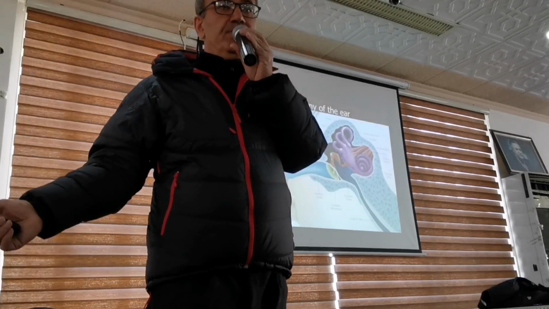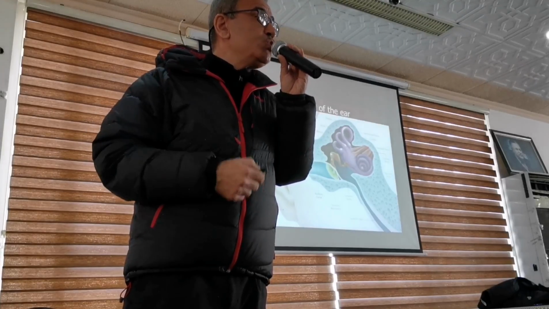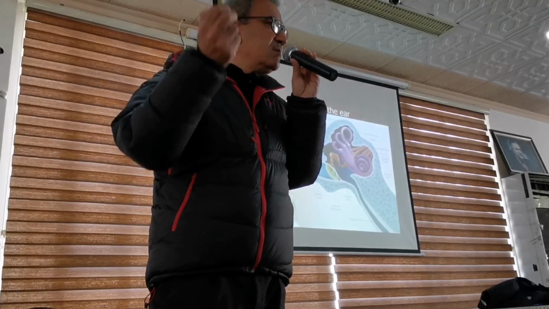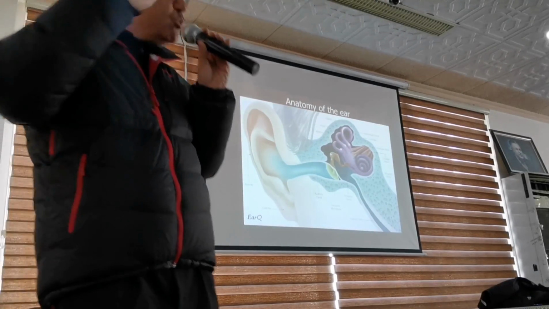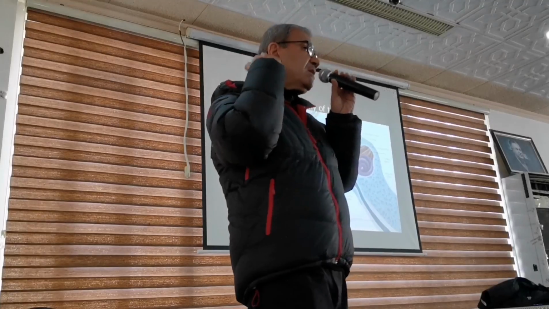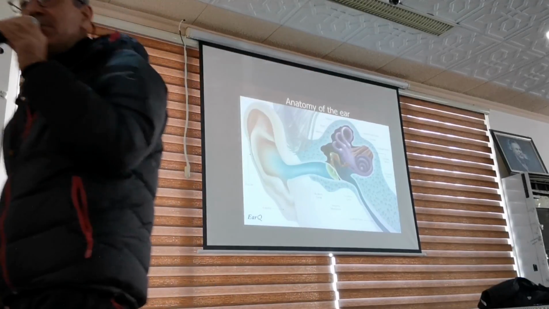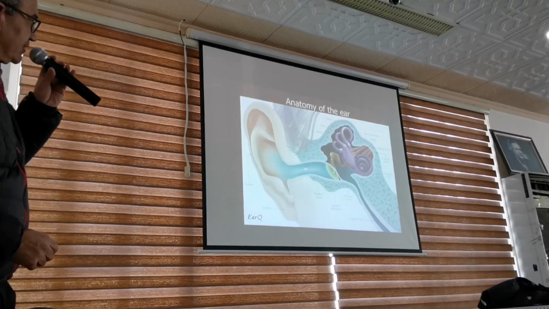It is rudimentary in the human being. It is not like the mammals which use the auricle to localize the sound. Again, the muscle surrounding the auricle in the human being is rudimentary, it's functionless. That's why the function of the auricle is rudimentary.